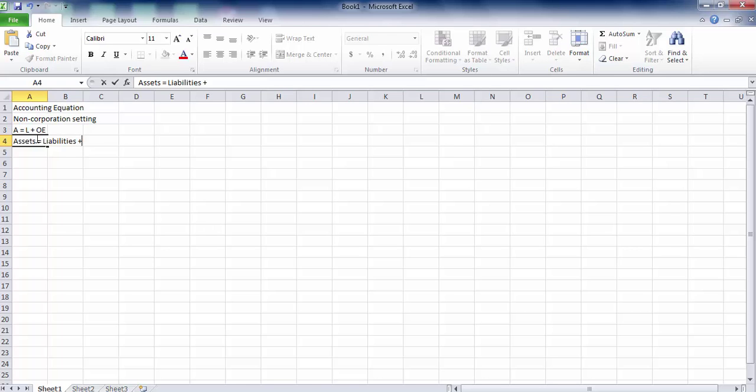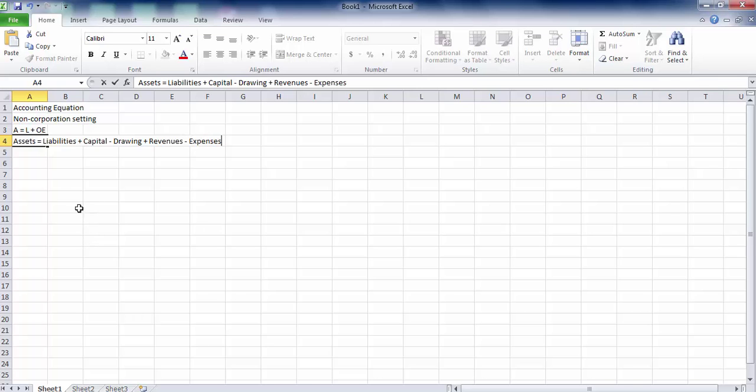We know from previous discussions that equity is made up of four components. We have capital, we have drawing or withdrawals. I personally prefer to use the term drawing. We have revenues, and we have expenses.